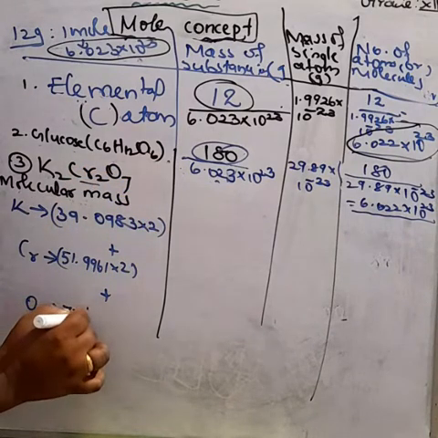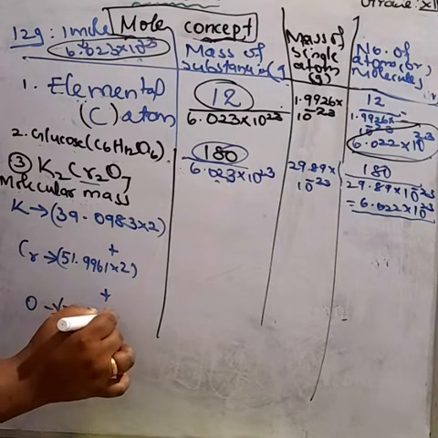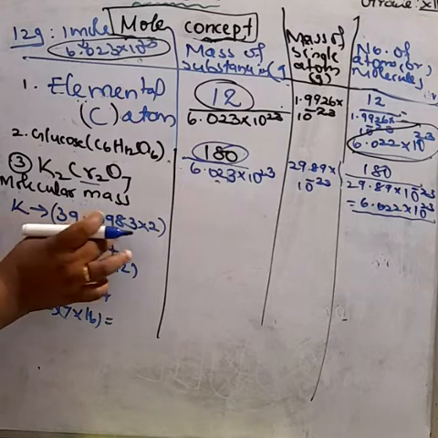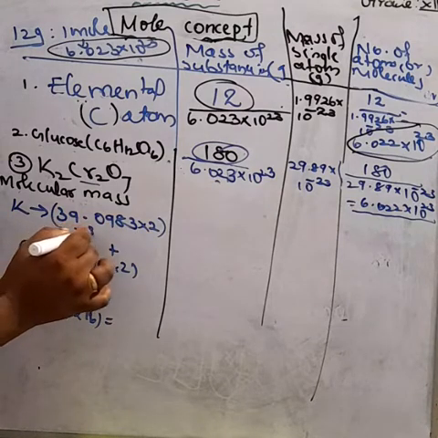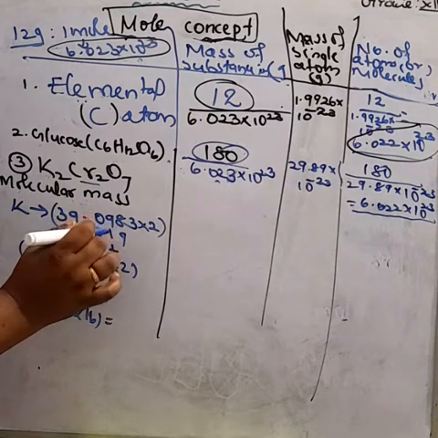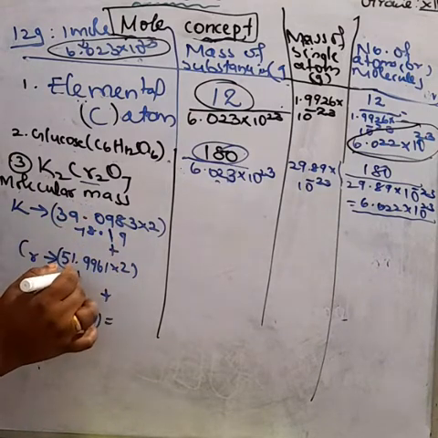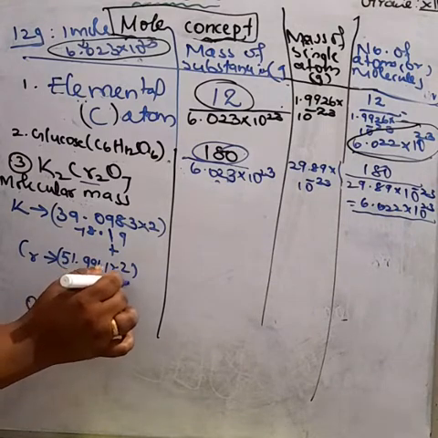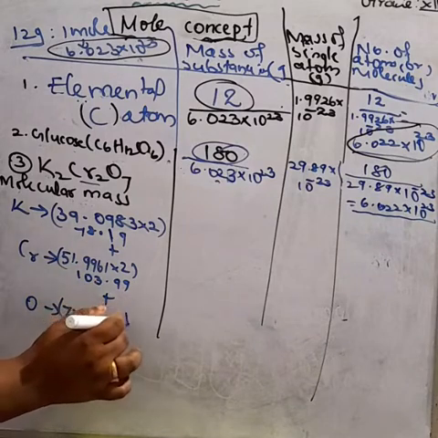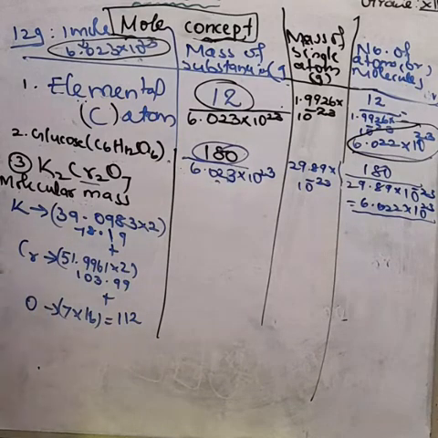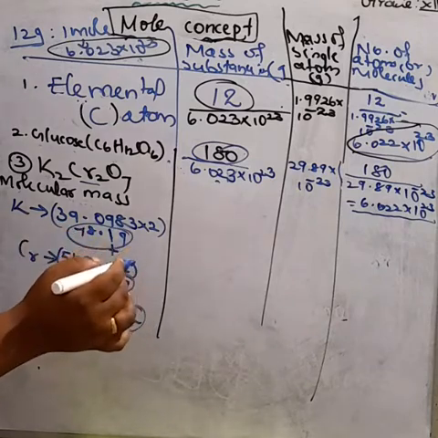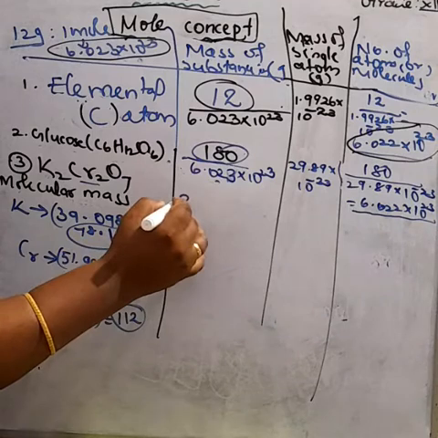So multiplying 39.0983 into 2, we get 78.19, plus 51.9961 into 2, 103.99, plus 16 into 7 is 112. Adding these 3, we get 294.18. This is the molecular mass of the substance in gram.